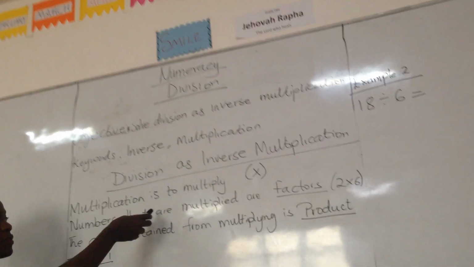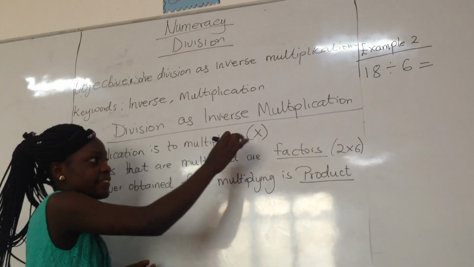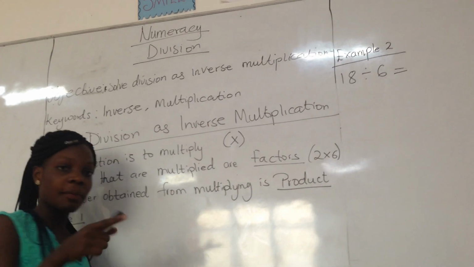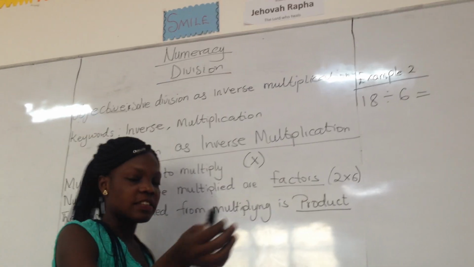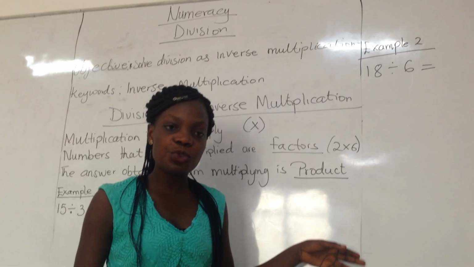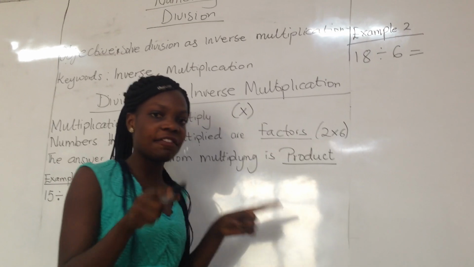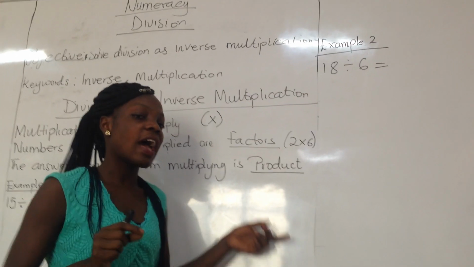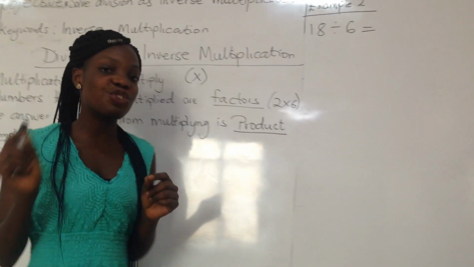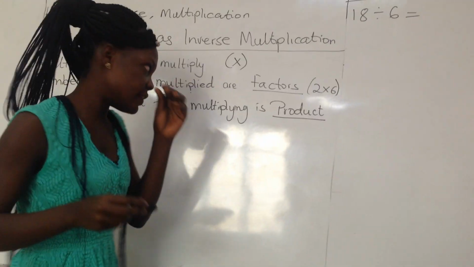Multiplication is multiplying. This is the sign for multiplication, times. The numbers that are multiplied, the numbers you use to multiply, are called factors.